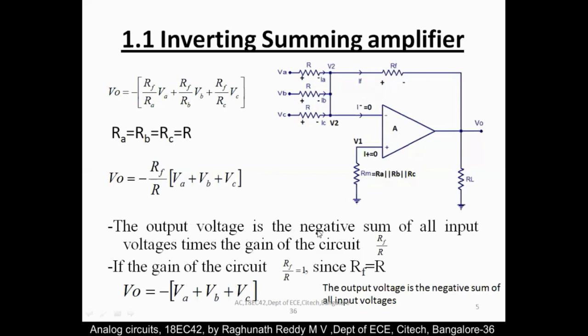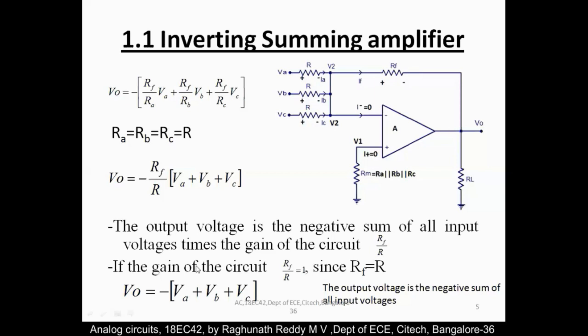The output voltage is the negative sum of all voltages times the gain of the inverting amplifier, that is RF by R. In order to make it a summing amplifier, we should equate RF by R equal to 1, or we can say RF equals R, that is the feedback resistance RF equals the resistance on the input side, so that the output voltage equals the negative of the sum of all the input voltages VA, VB, VC.